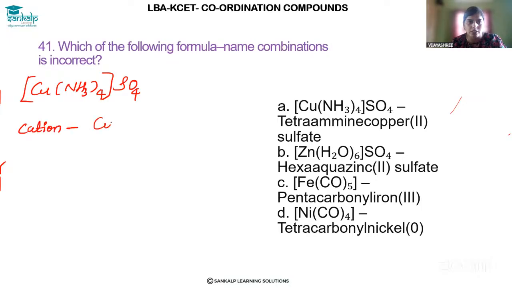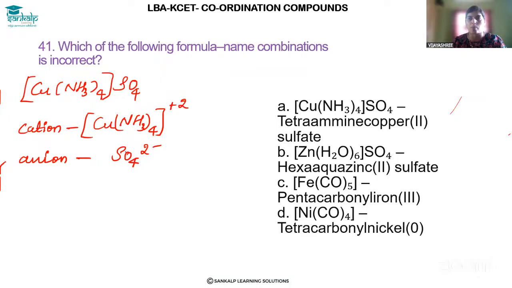Which one is the cation? Cu(NH3)4. And the anion is SO4 2 minus. Sulfate is the anion. So in order to balance this -2 charge, we have to assign +2 charge over this complex cation. Complex cation has +2 charge and anion has -2 charge.